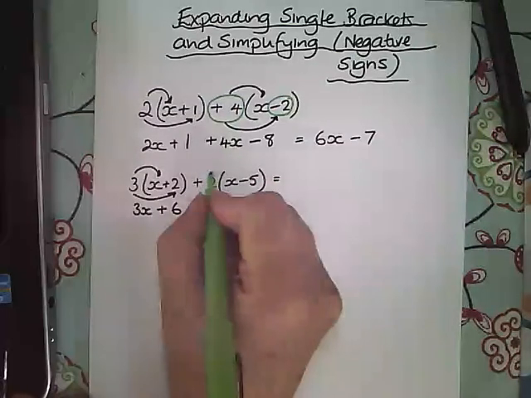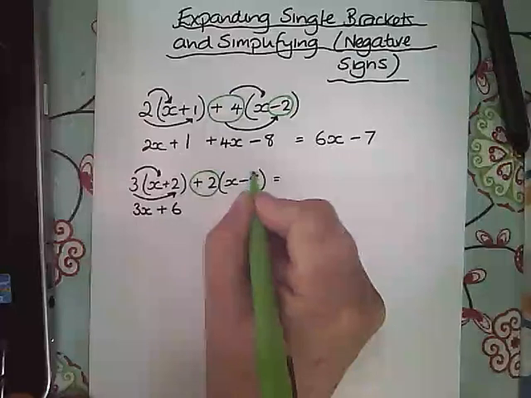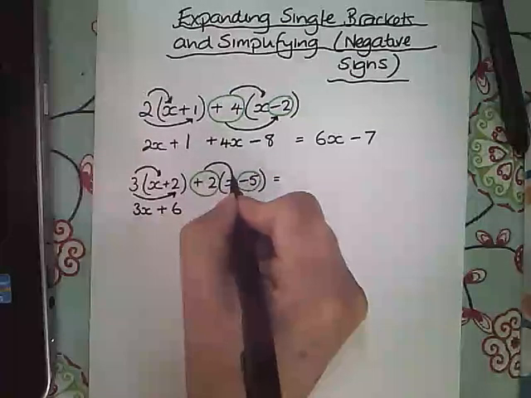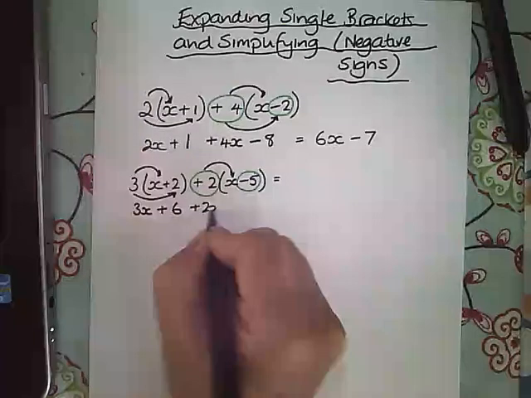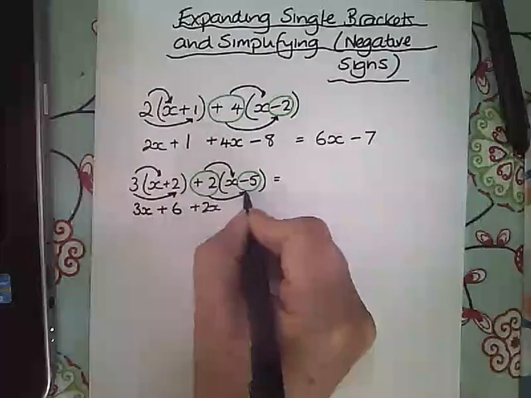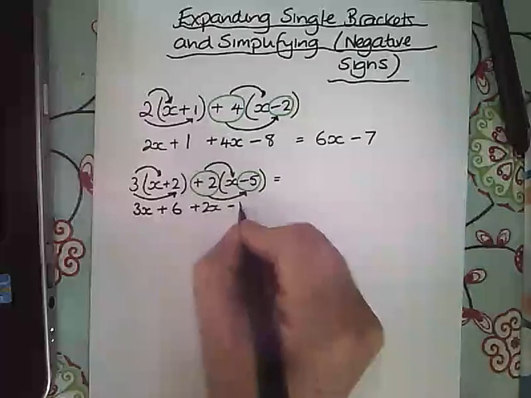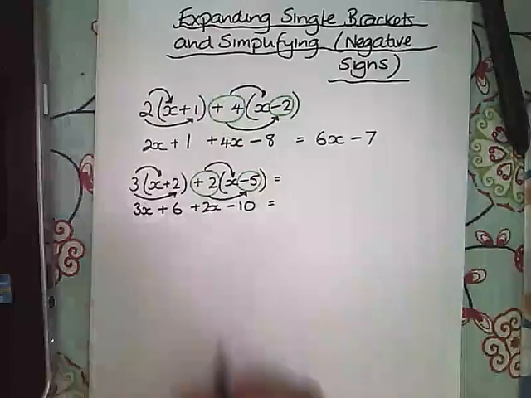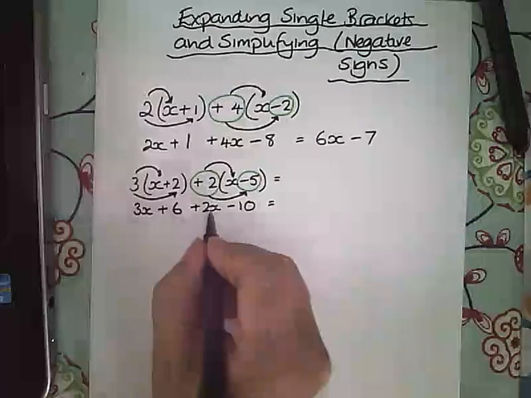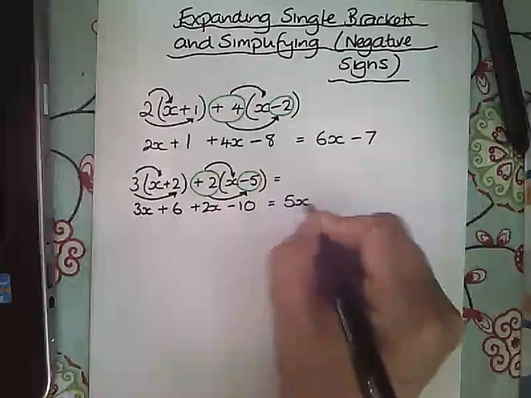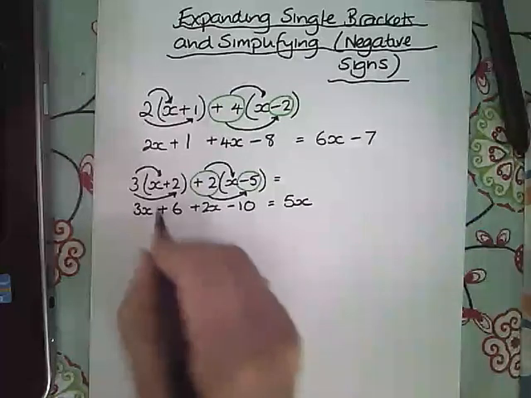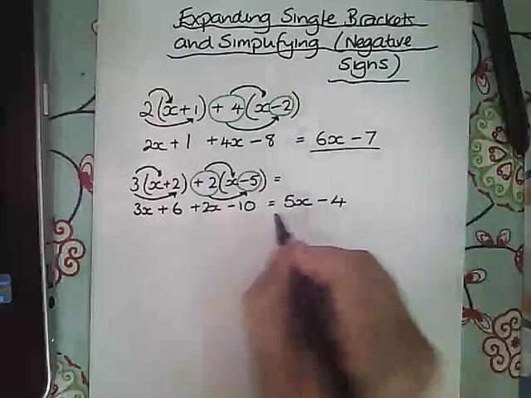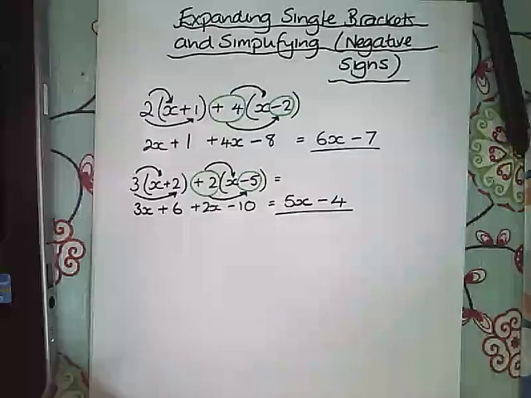On this one, we've got a plus 2 and a minus 5. So we're doing 2 times x, it's positive, so it's plus 2x, and then 2 times minus 5, which is minus 10. That's our expansion, and then when we go to tidy it up, 3x add 2x is 5x, positive 6, take away 10, leaves us with minus 4. And so that's the final tidied up answer.